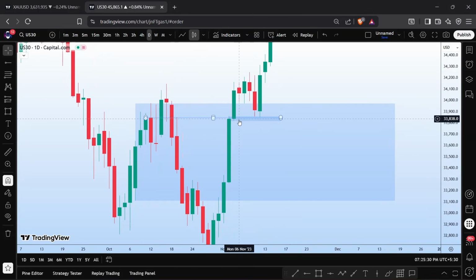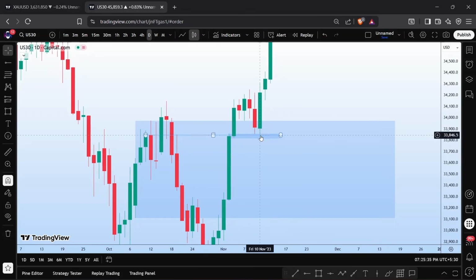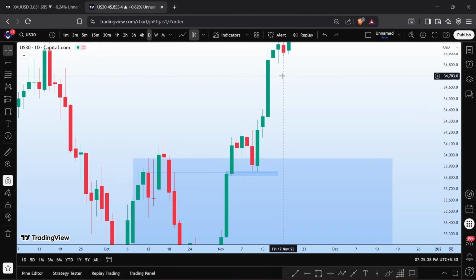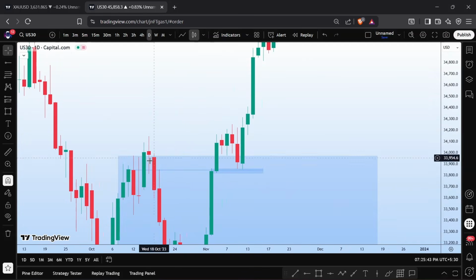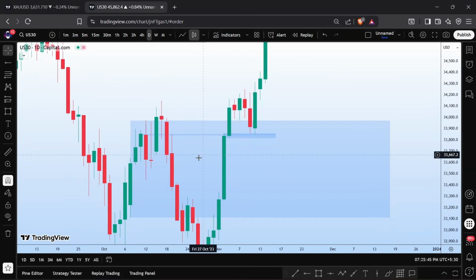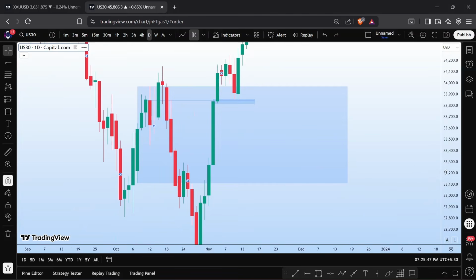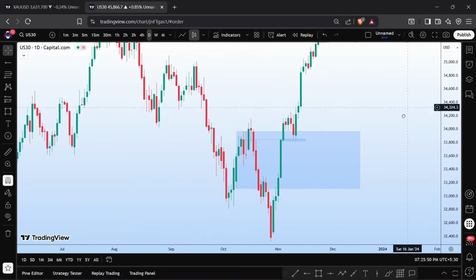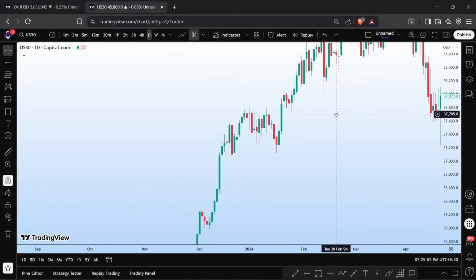So this becomes a very strong area to look for entries, right? And this is where exactly price reacted and gave you a very beautiful bull run, correct? We will go into these sorts of concepts on the later part, but for now your understanding has to be very strong about types of engulfing.